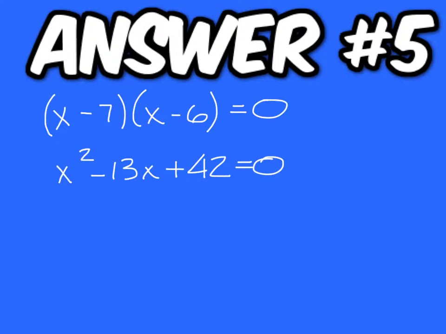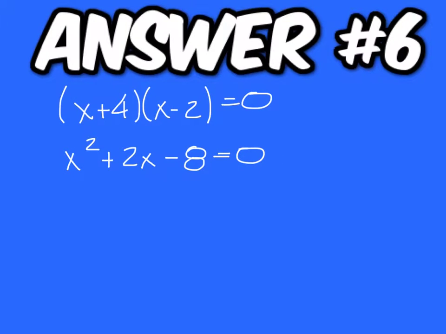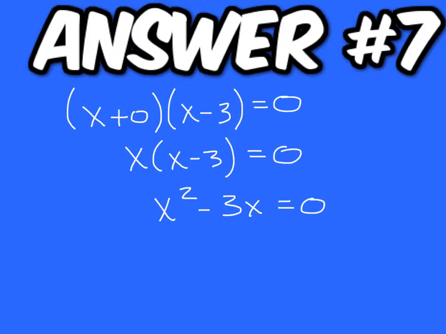Number 5 is x squared minus 13x plus 42 equals 0. Number 6, x squared plus 2x minus 8 equals 0. Number 7 is x squared minus 3x equals 0.